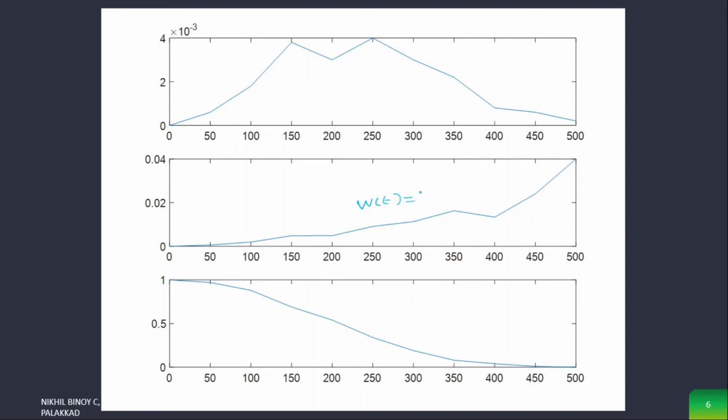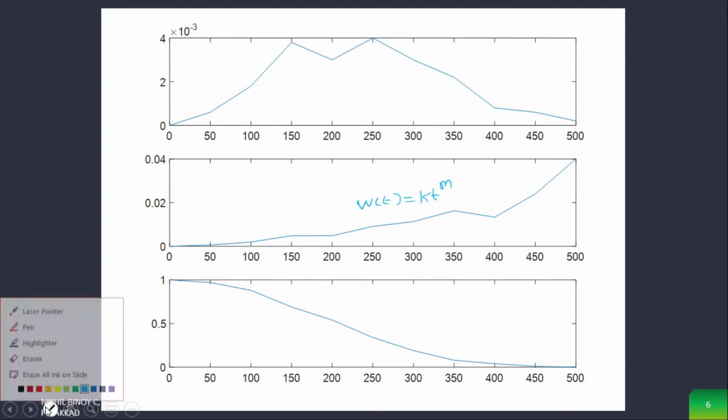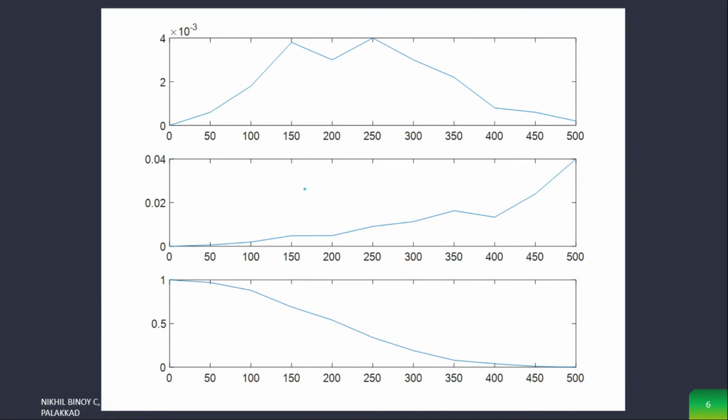W of t is equal to k into t raised to m. Okay, so in class what we did, first we changed the magnitude to 1, then we changed the time scale to 1. Here I am not going to do all this thing. So here I am using the 3 parameter model. It is very simple. W of t is equal to k into (t by a) all raised to m.